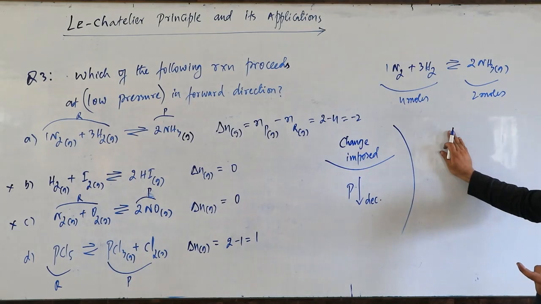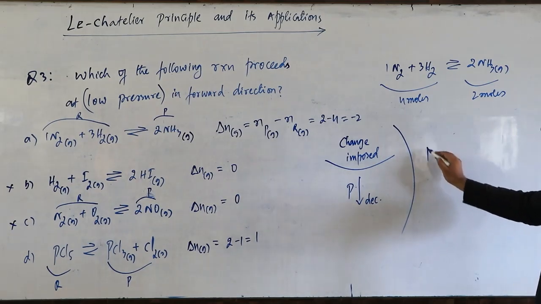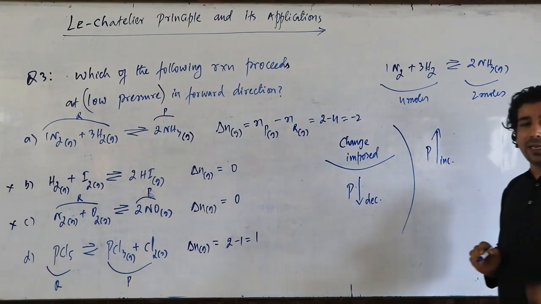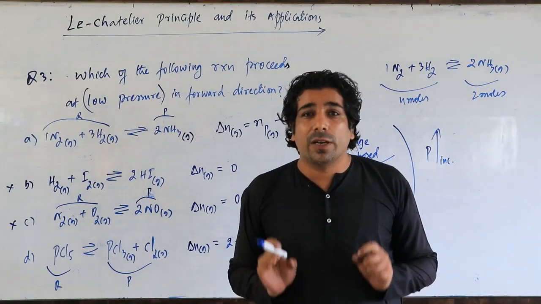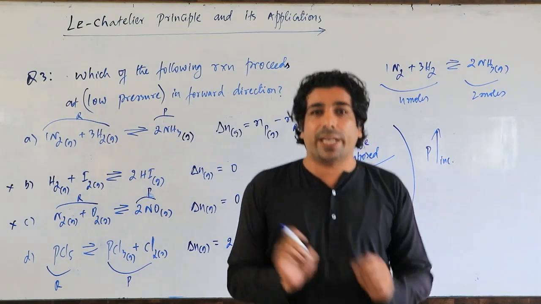How to oppose the change? If you decrease the pressure from outside, the reaction which is at equilibrium has to oppose it. That means it has to increase the pressure. Now here the pressure has to be increased by a chemical reaction. And remember, a chemical reaction will increase the pressure when it moves from a lower number of moles to a higher number of moles.